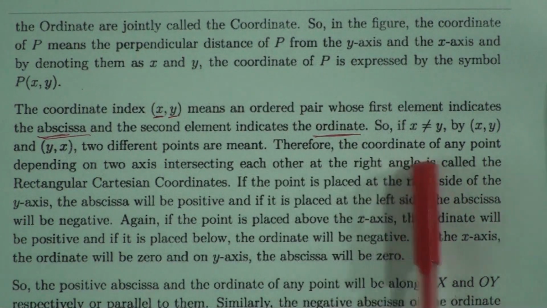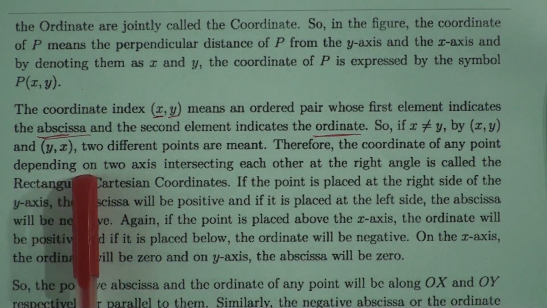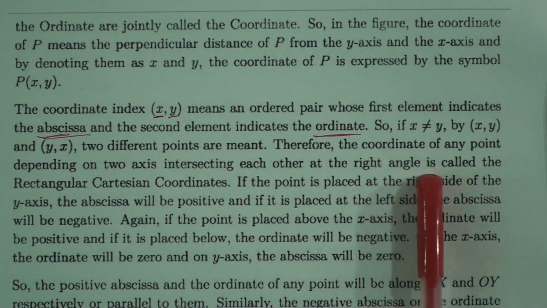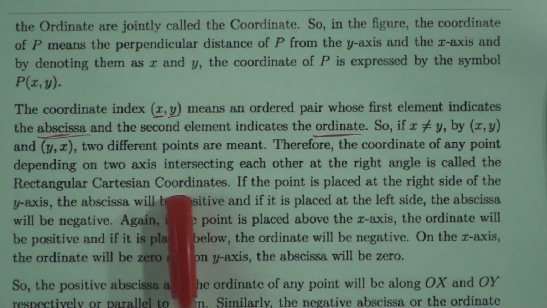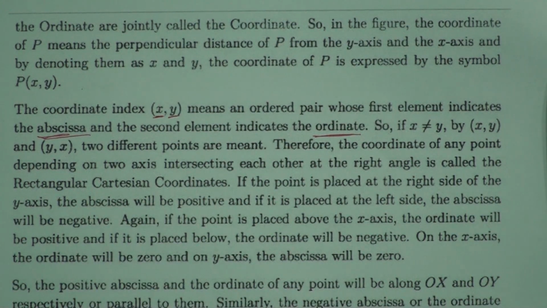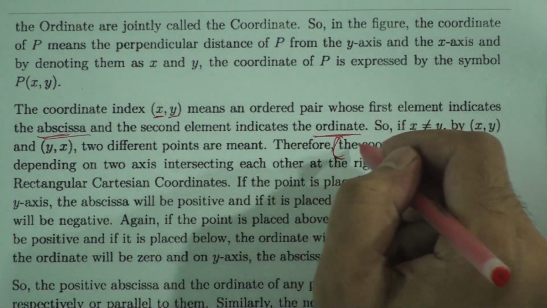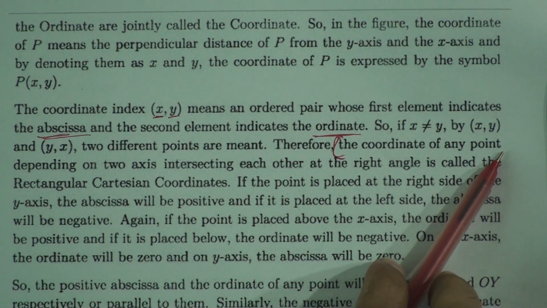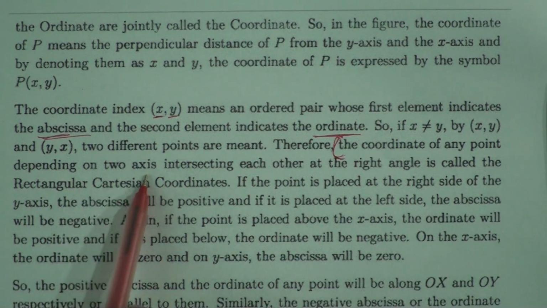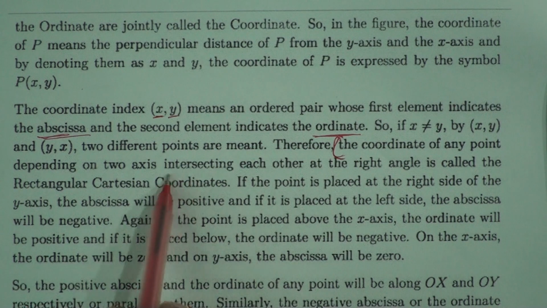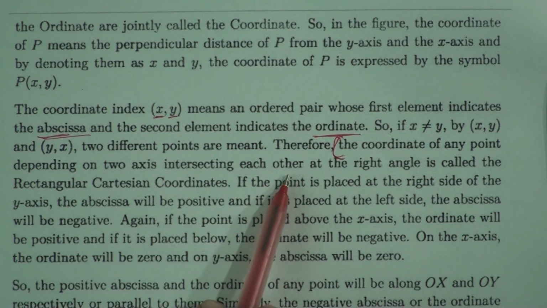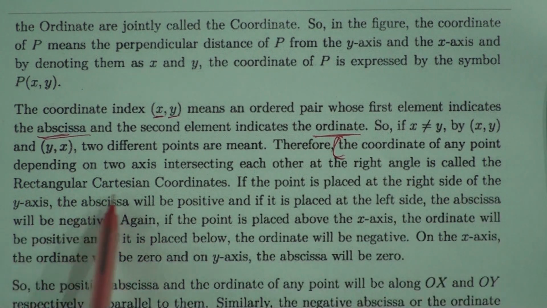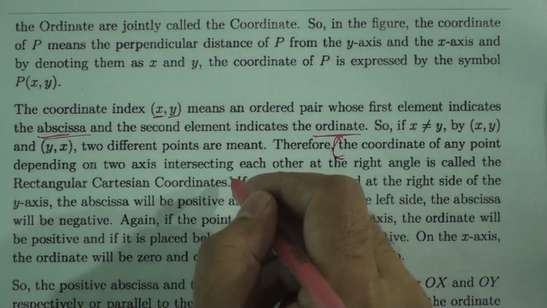Therefore, the coordinate of any point depending on two axes intersecting each other at the right angle is called the rectangular Cartesian coordinates. So we can say the definition of coordinate here: the coordinate of any point, depending on two axes intersecting each other at the right angle, is called the rectangular Cartesian coordinates.